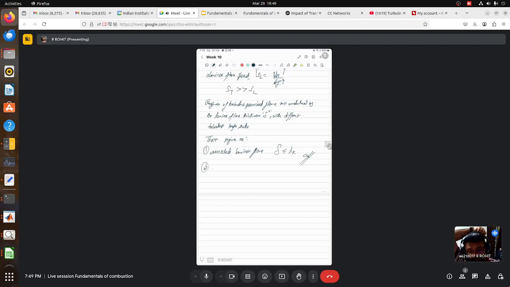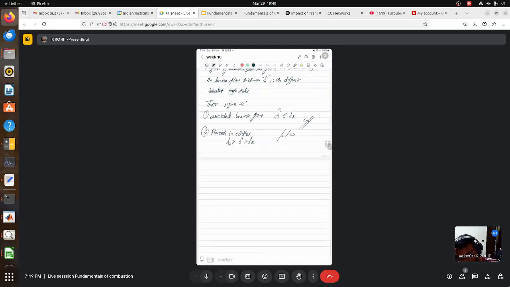So that's the wrinkled flame. And then you have flamelets in eddies. So you have your smaller things inside and bigger things outside the zone. So this is the condition where you have integral scale greater than delta greater than Kolmogorov scale.